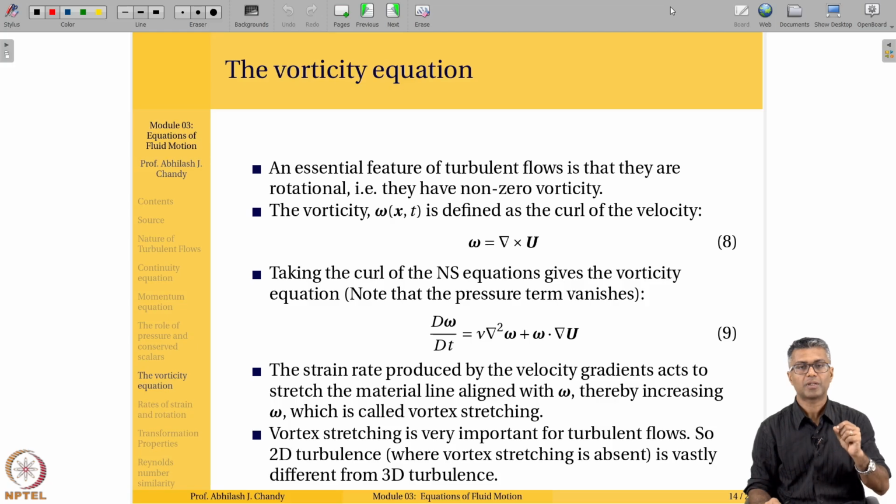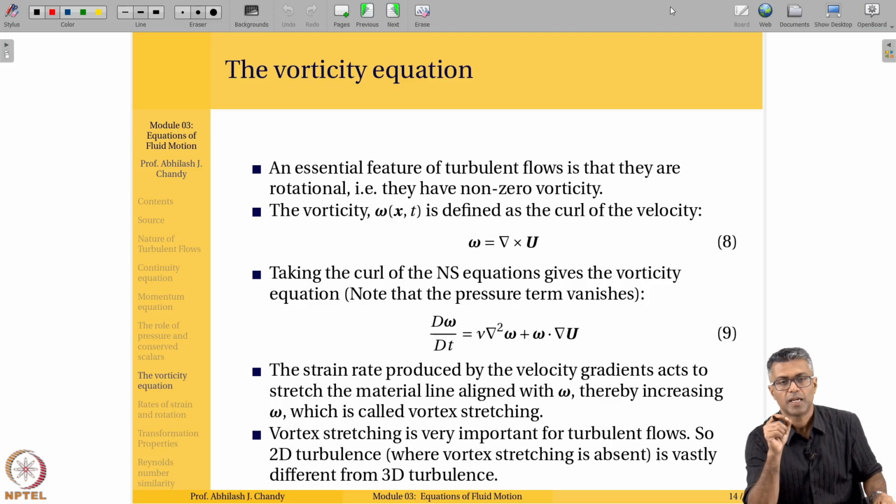So today, again, we are going to look at another derived equation, which is called the vorticity equation. It is an equation that governs the vorticity. Now, vorticity is defined as the curl of velocity. What do I mean by curl?